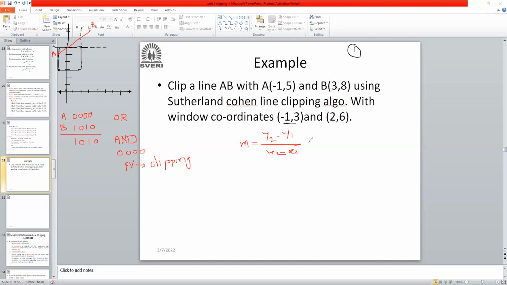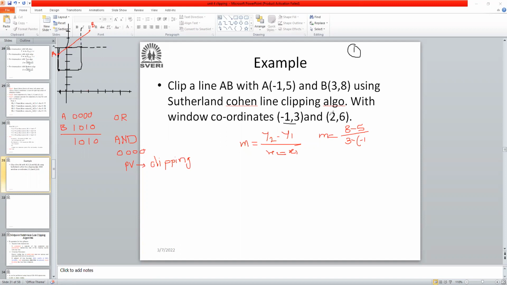Okay. So can you tell me the slope now by putting the values of x1, y1, x2, y2 like this. So y2 is 8 minus y1 is 5, divided by x2 is 3 minus x1.